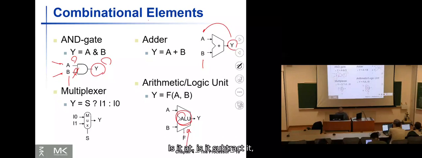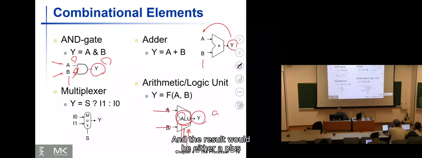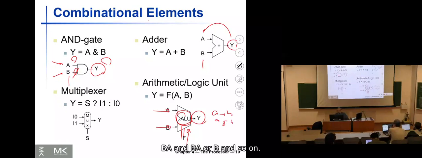Is it add? Is it subtract? Is it OR? This operation will be performed on A and B, and the result would be either A plus B, A and B, A or B, and so on. Okay, so these are the combinational elements.